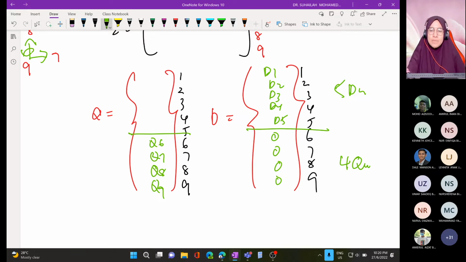For displacement belah atas tu unknown, belah bawah tu mesti letak value. What is the value? Displacement at support, which is equal to 0. For Q, belah bawah tu is unknown, belah atas tu kena letak value.